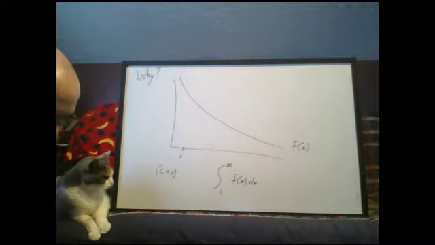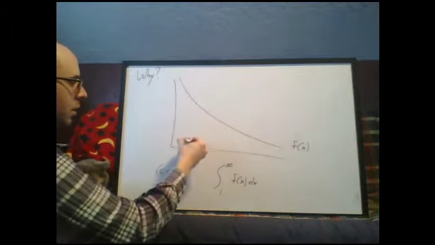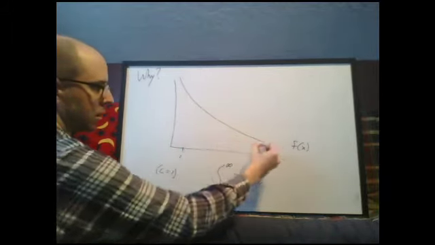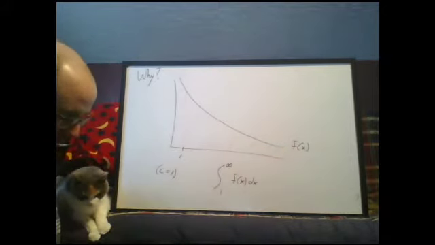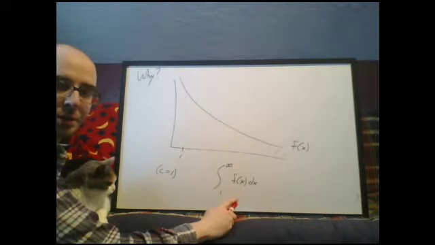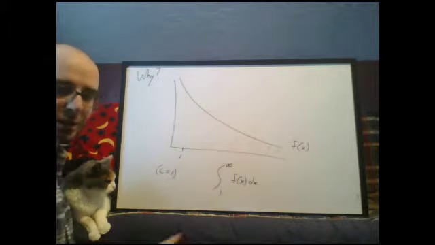What that looks like in our picture is the area underneath the curve from 1 to infinity. So that might be a finite area or it might be an infinite area. If it's finite, that means this integral is convergent. If it's infinite area, this integral is divergent.